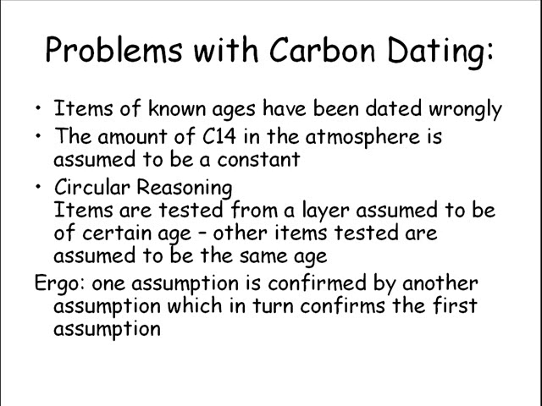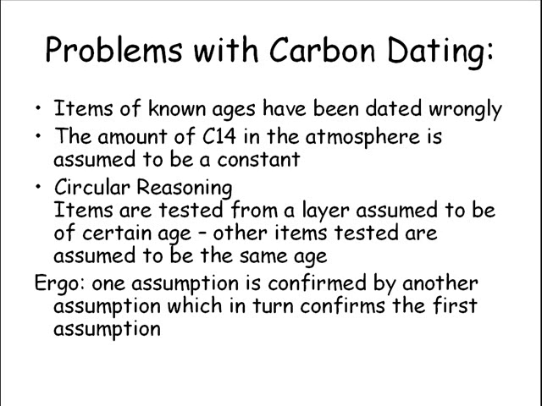The biologist relies on the geologist, and the geologist relies on the biologist to determine how old this layer is. Now if we have a completely objective scientific approach, we have to say we don't know how old this layer is. We don't know how old these bones are. Let's have a look and see what we can find. And then the results may be totally different if you take these assumptions out.